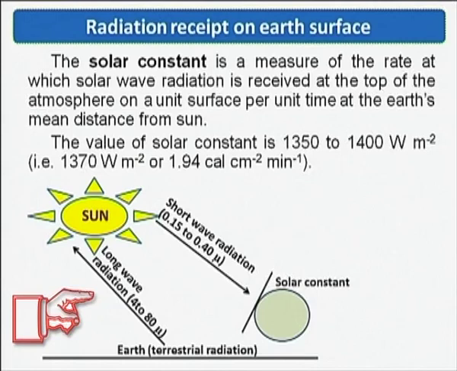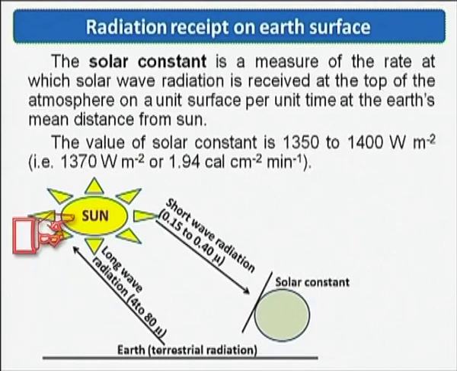Through this picture we can see that there is a sun, and the sun is the sole source of radiation. Short wave radiation is being emitted from the sun, and its wavelength is around 0.15 to 4 micron, and it is coming on the Earth's surface.